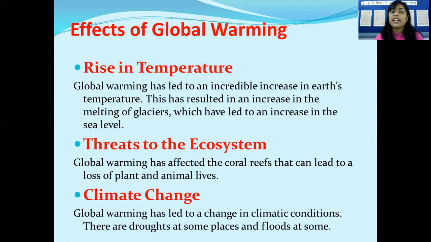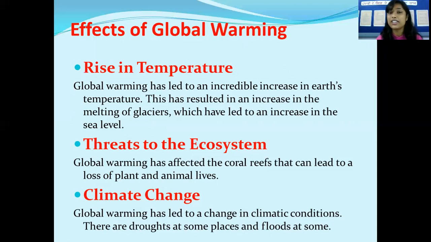How? Now, global warming has affected the coral reefs. You are well aware that the coral reefs are there. Now, when the temperature is rising, it is causing the coral reefs to be disrupted, and a lot of plants and animals, like polar bears, live in areas where permanent frost is there.